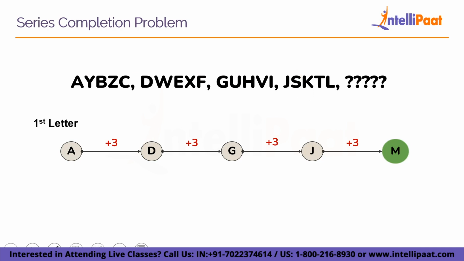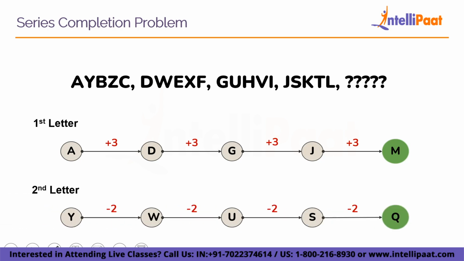As you can see, Y, W, U, S. There is also a pattern going on here, and the pattern is that it is subtracting 2 from the previous alphabet. So from Y, if you go 2 alphabets back you get W, and if you go 2 alphabets back from W, you get U, and 2 back from U, you get S, and 2 back from S, you get Q, right?